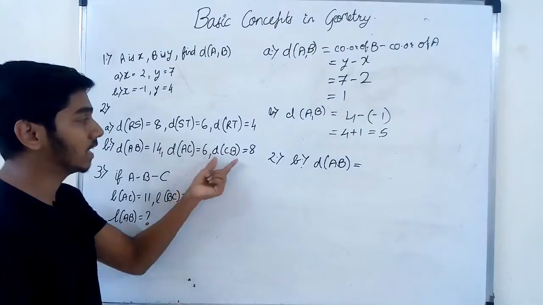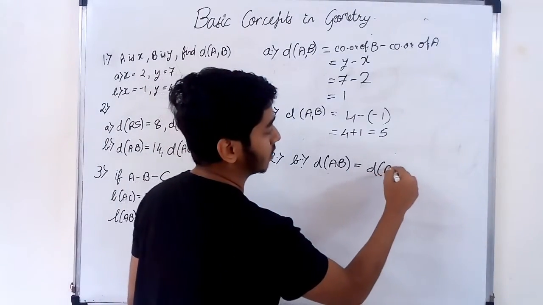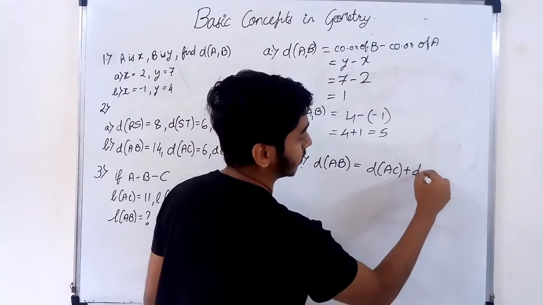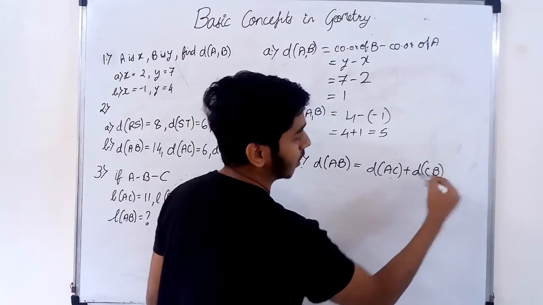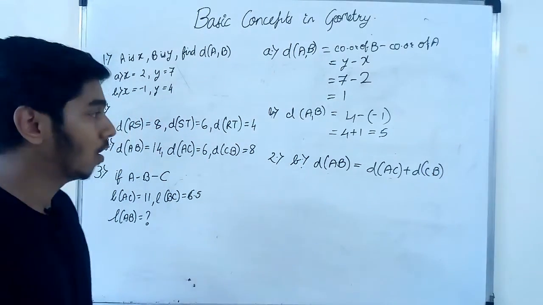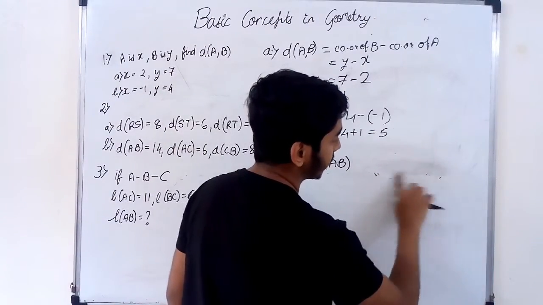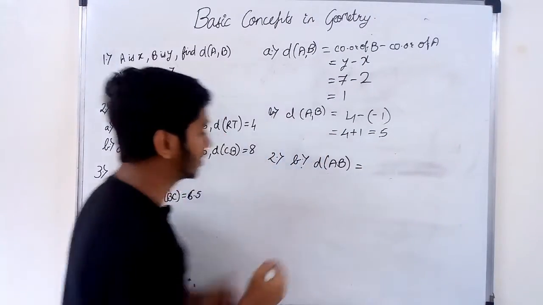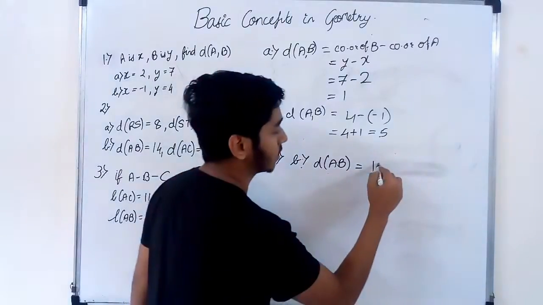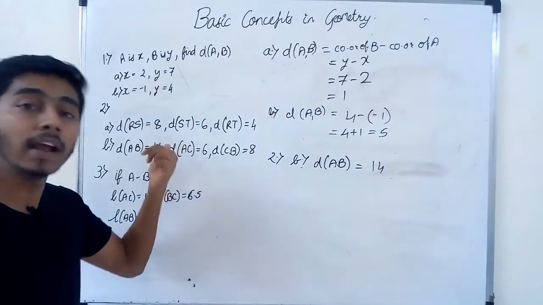So add AC and CB, so distance AC plus distance CB. Okay, or put it this way, so distance AB is 14 given to us. Now take the other two and add them.